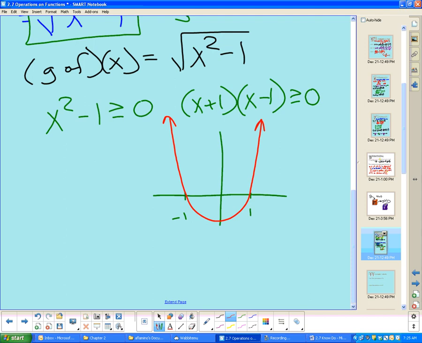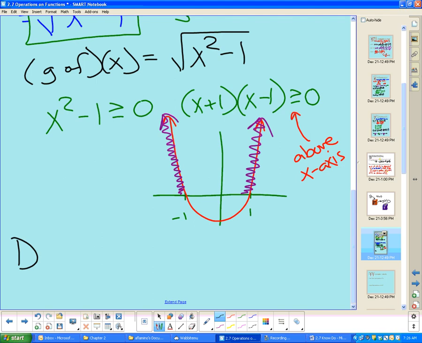And I want to know, where is the parabola greater than or equal to 0, which basically means where is the parabola above the x-axis. And where indeed is that parabola above the x-axis? That parabola is above the x-axis here and here. So now I just need to represent that using intervals.